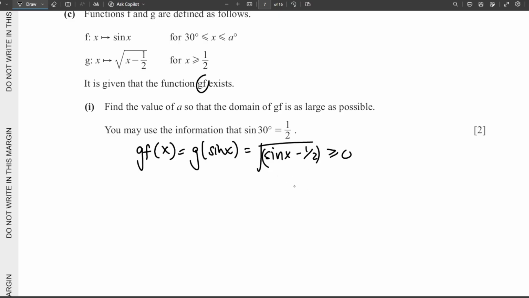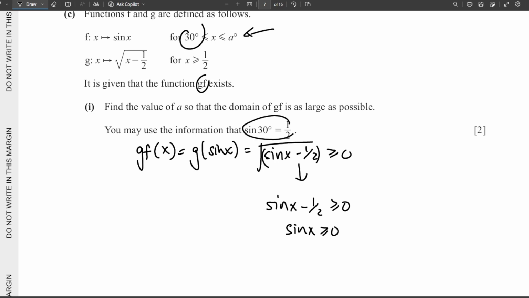So sine x minus half is greater than or equal to 0, which means sine x must be greater than or equal to 1 over 2, not 0. Sine 30 is 1 over 2, so it's good they give you this relation also.